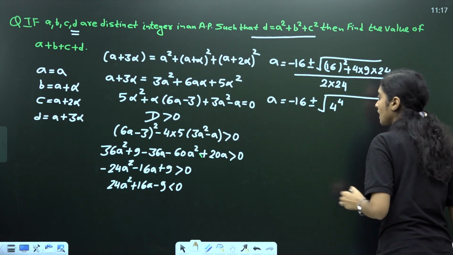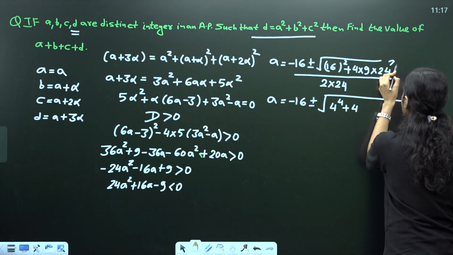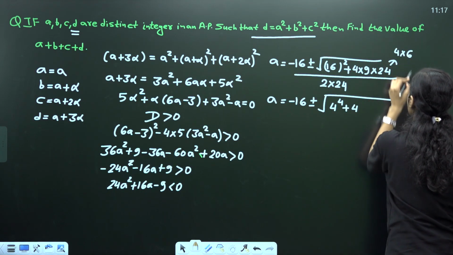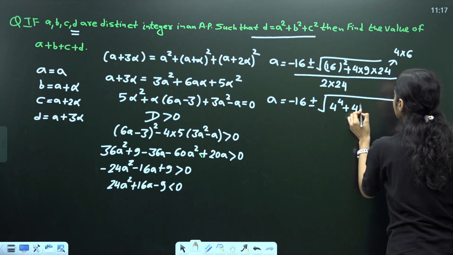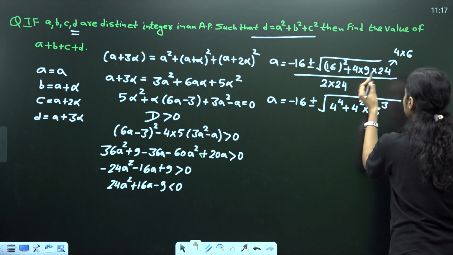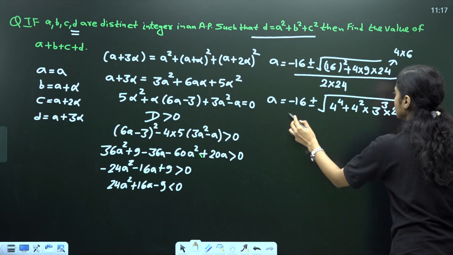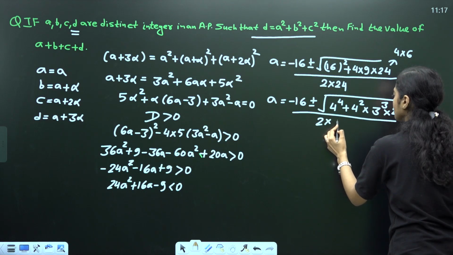we can write 16 square as 4 power 4 and factorize 24 as 4 into 6, then this will become 4 square, 3 power 3, 3 square and 3, and 12 into 24.